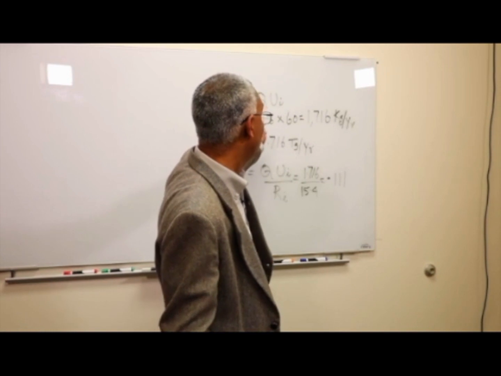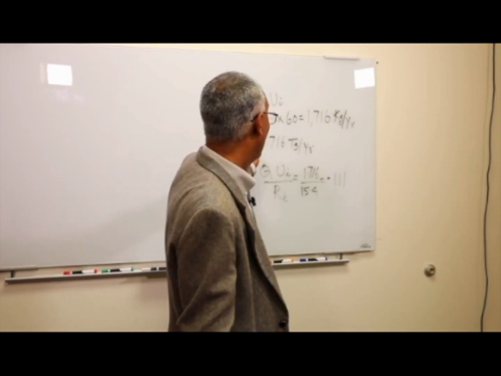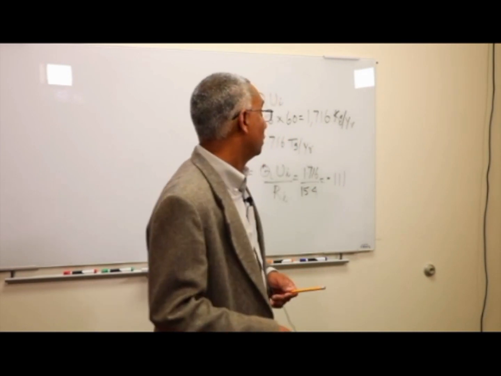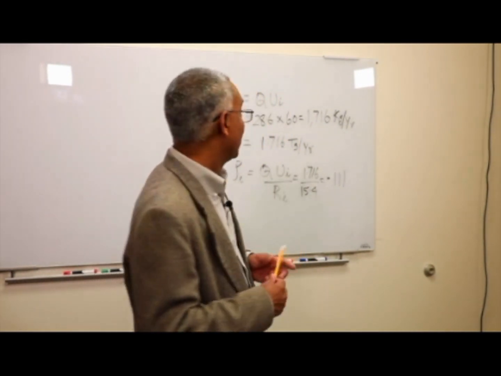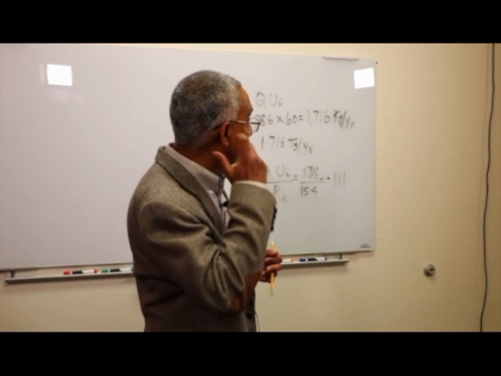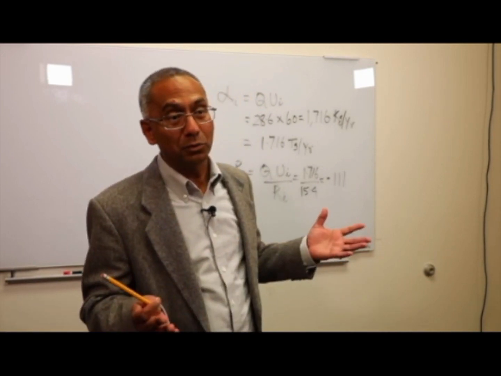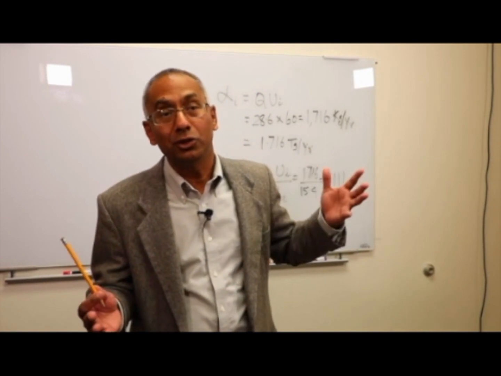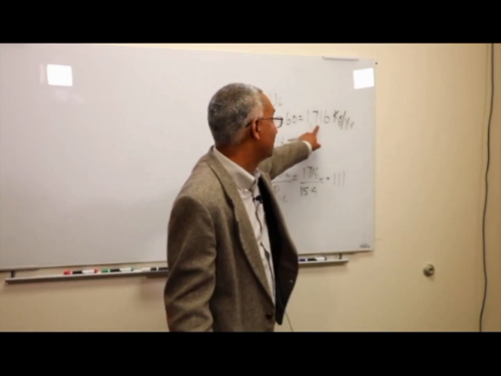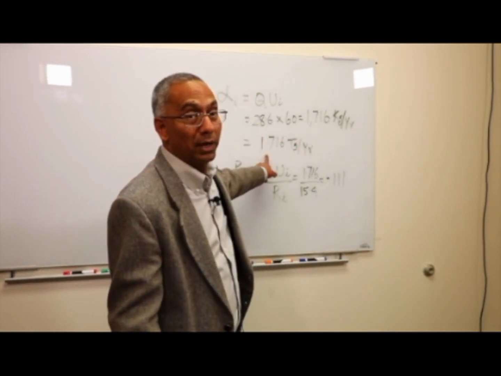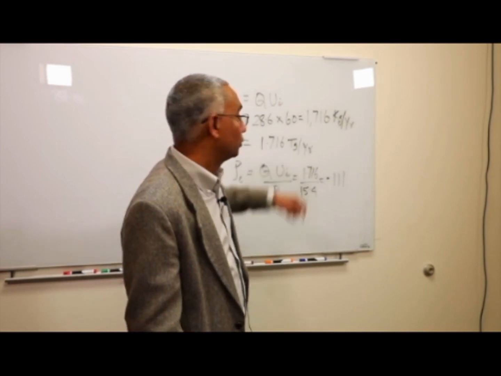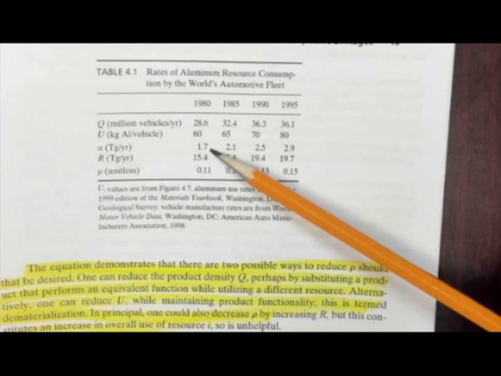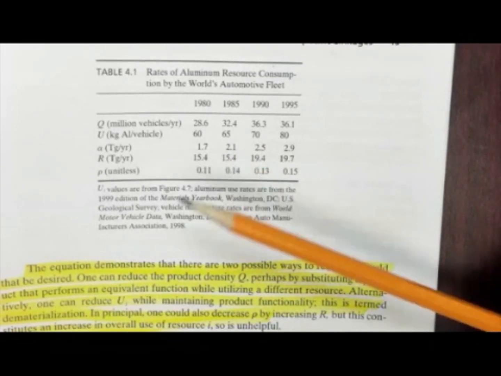So when I multiply Q times U, volume times amount per vehicle, that's about 1,716 kilograms per year. Now we know a metric ton is 1,000 kilograms, so if I divide this by 1,000, I get 1.7. That is so many tons per year. That's how we get this 1.7 you see in the table here.